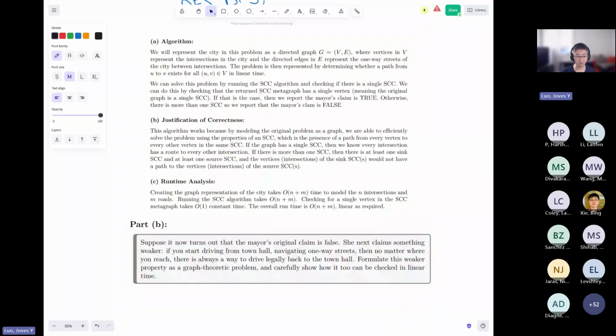So that means that the town hall has to be in a sink SCC, which means that the SCC the town hall is in has no outgoing edges. So there's nowhere for it to go that it can never return. So all you have to do is find the SCC metagraph and check that the meta vertex that the town hall is in is a sink SCC. And that's it.